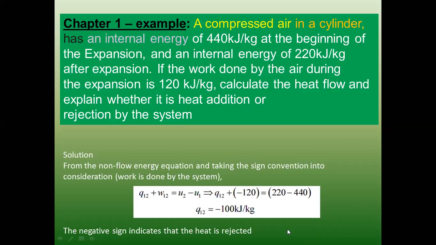So when your internal energy changes from 440 to 220, this internal energy change means the net energy in. What is the net energy? The heat comes in plus the work comes into the system. Why here minus 120? The work.